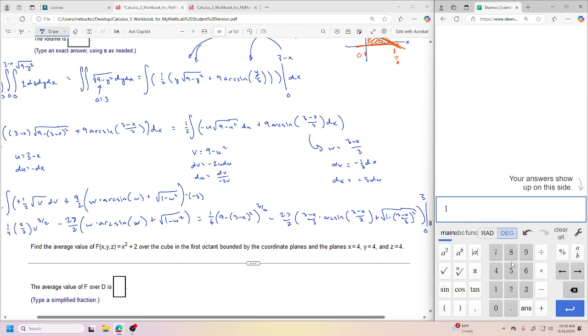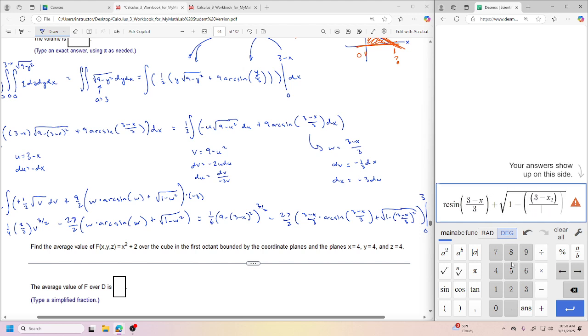Now I'm going to type blind. Squared 3/2, 2, 3 minus x all over 3 all squared.